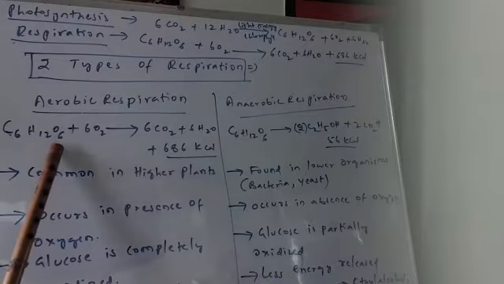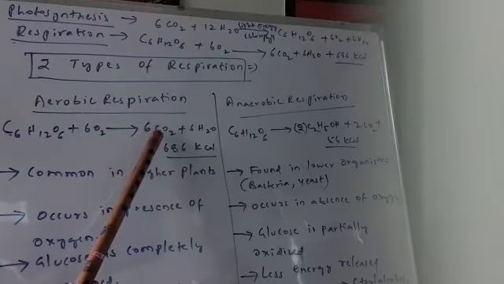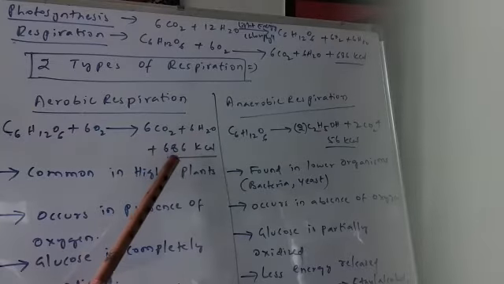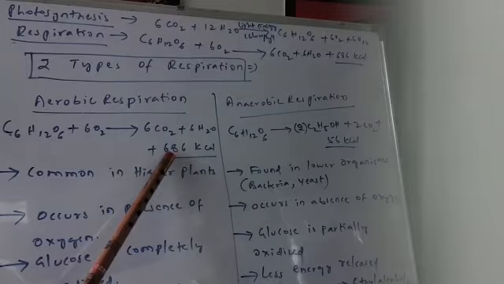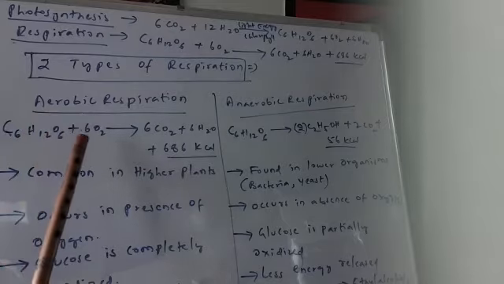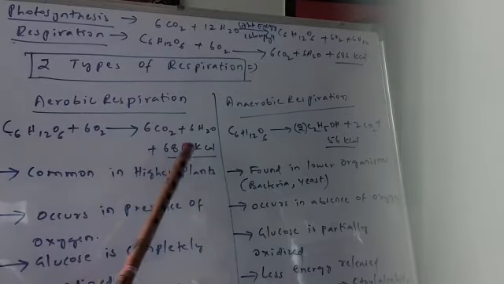It is completely broken down to release small molecules like CO2 and water. During this process, 686 kilocalories of energy is released, and out of this energy, some is stored in the form of 38 ATPs. So during aerobic respiration, the glucose is completely broken down.